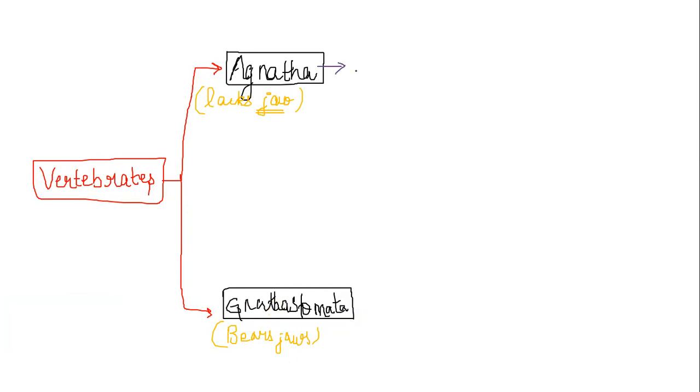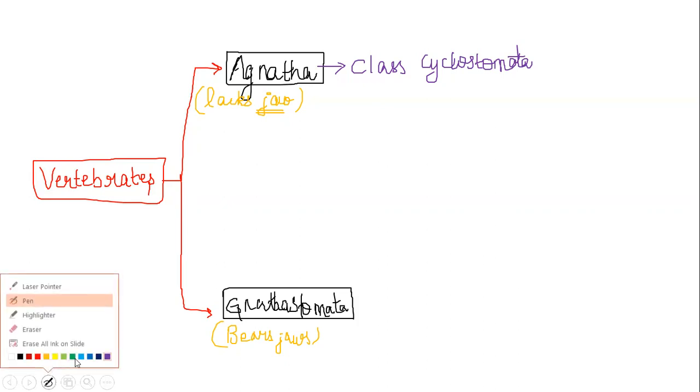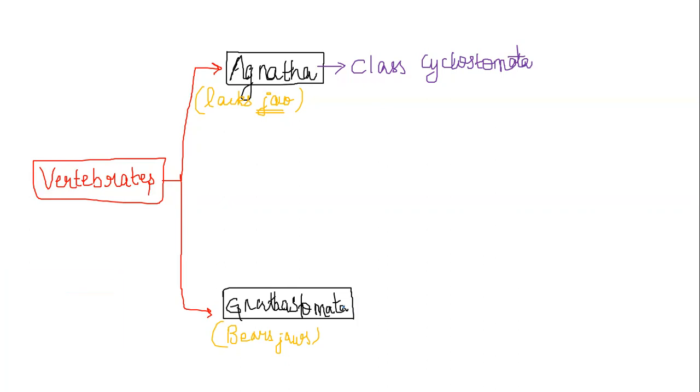Agnatha is further classified into class Cyclostomata. What is Cyclostomata? Those organisms which do not have a jaw. At the same time, Gnathostomata is again classified into 2.